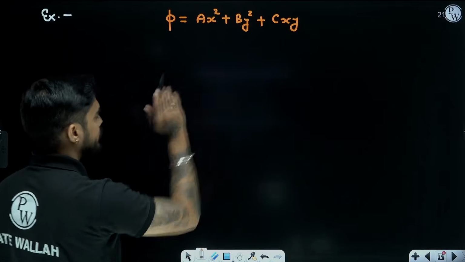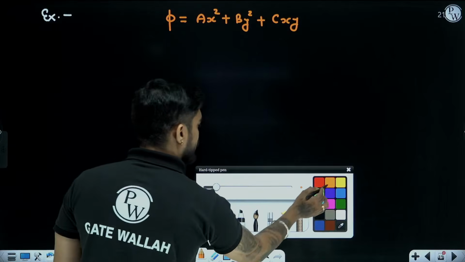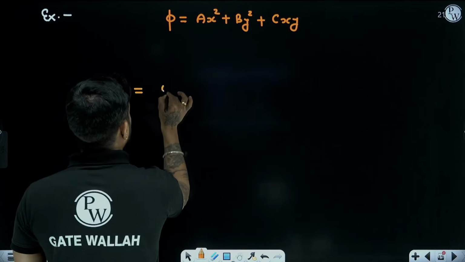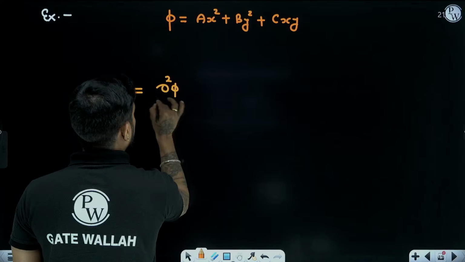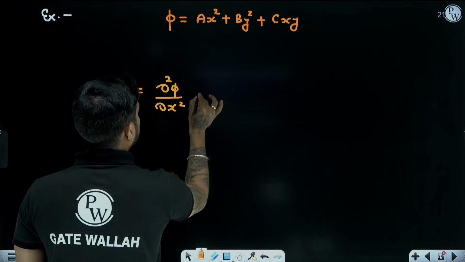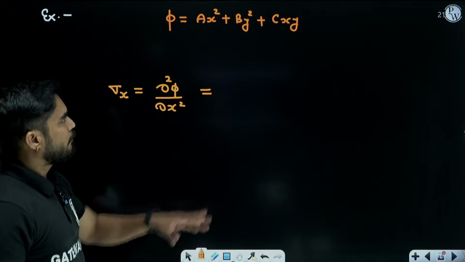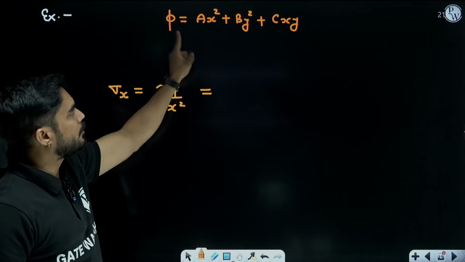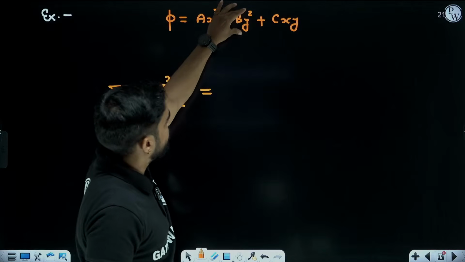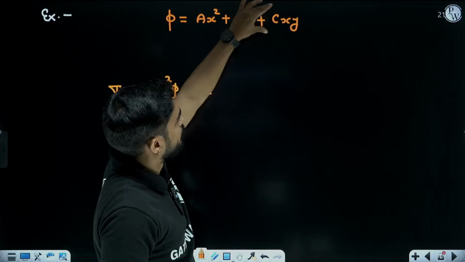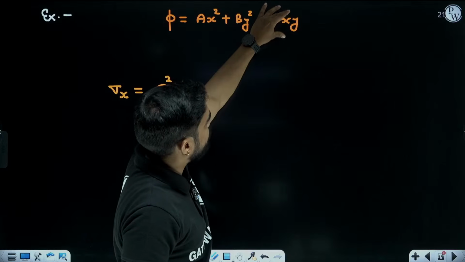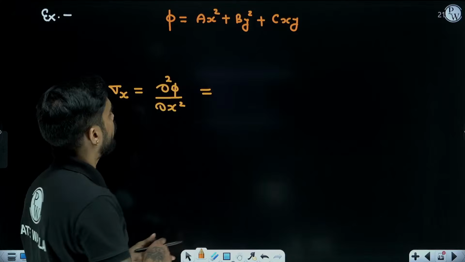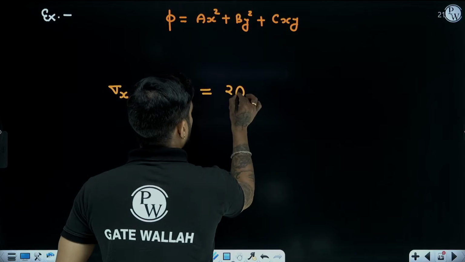Now, what will be sigma x? It will be ∂²φ/∂y², so sorry, I first said x. Differentiating this entire equation partially twice with respect to y, the ax² term will become 0, and by² will become 2b.